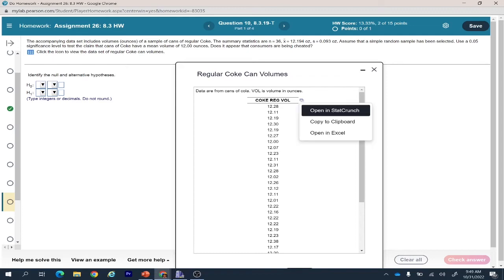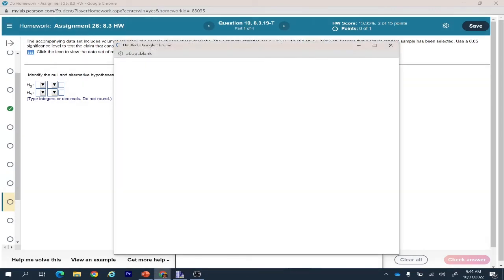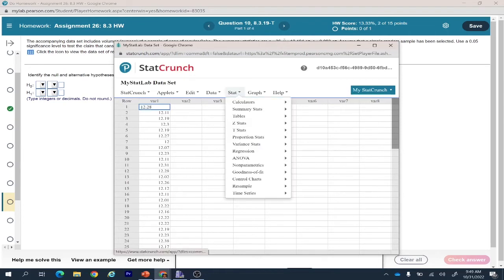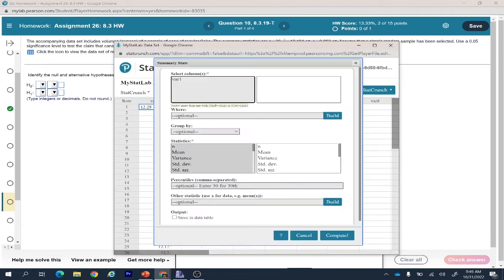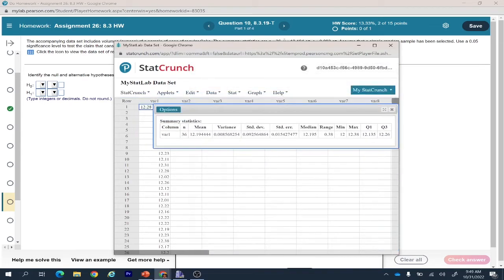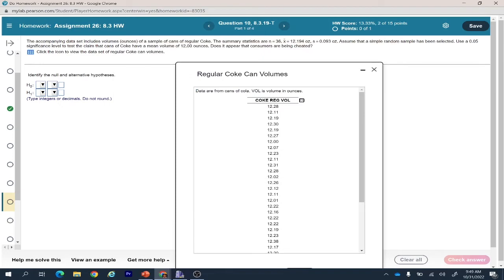Okay, so if you copy and open in StatCrunch, I can find this data is already copied here. I can just go to Stat, and find Summary Stats by choosing the columns. This first column is variable 1. Now when I compute, it gives me all the information I'm looking for.